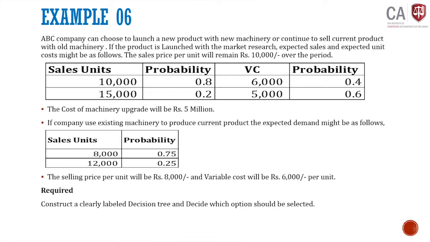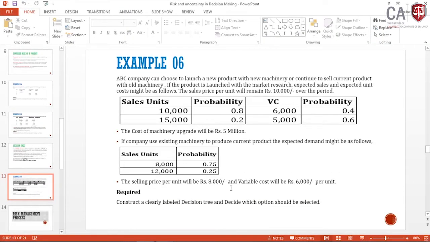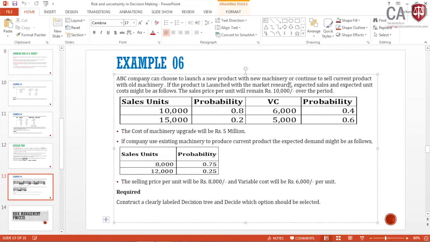The cost of machinery upgrade, it should be read like this, not machinery upgrade. Oh yes, the machinery upgrade will be 5 million. This should be machinery upgrade. Okay, new machinery.